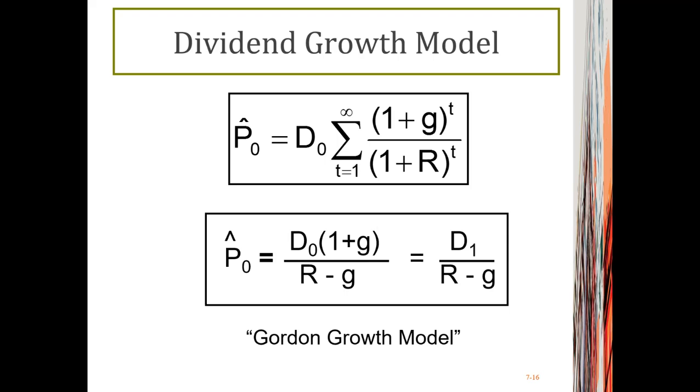Many years ago, 100 years ago, Professor Gordon at MIT was thinking about this stock valuation problem, and he came up with this first equation. He knew that stock price equals the present value of all dividends, and if we assume a constant growth rate, then we come up with this pretty complicated equation.